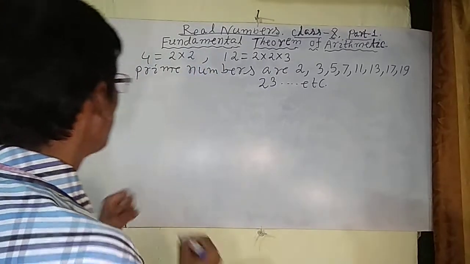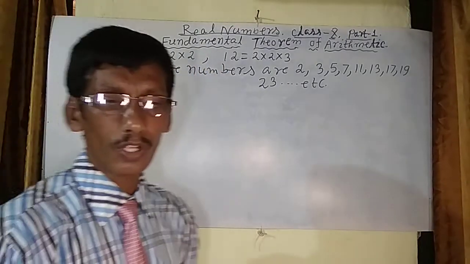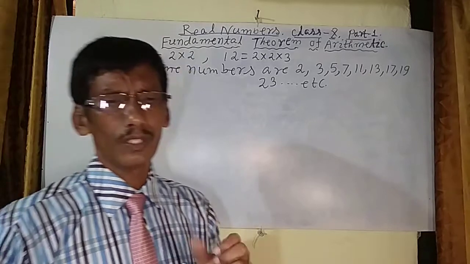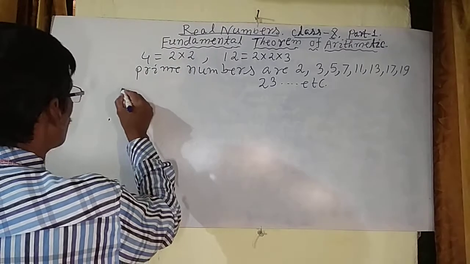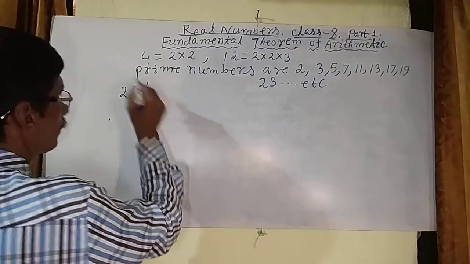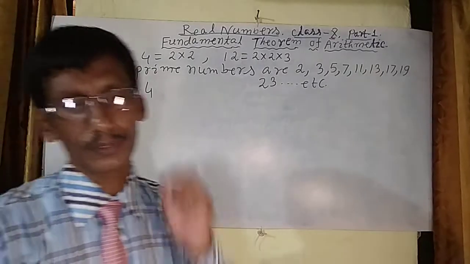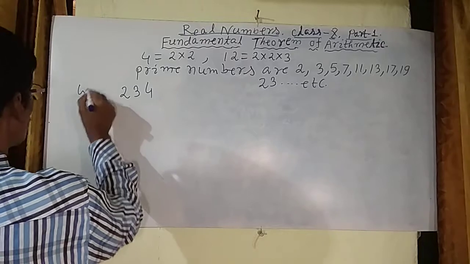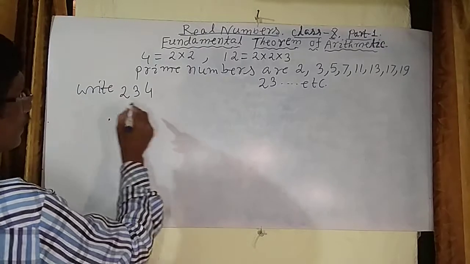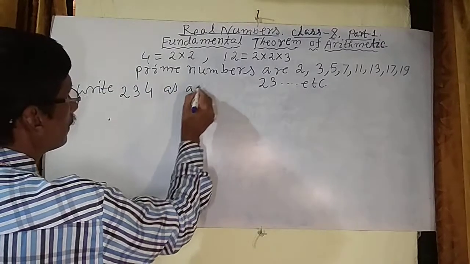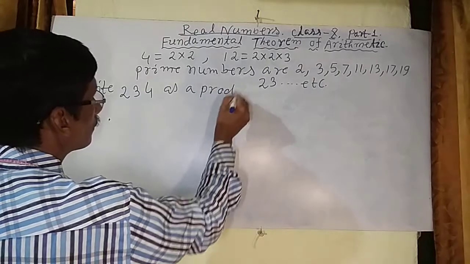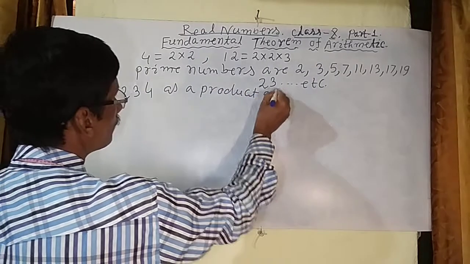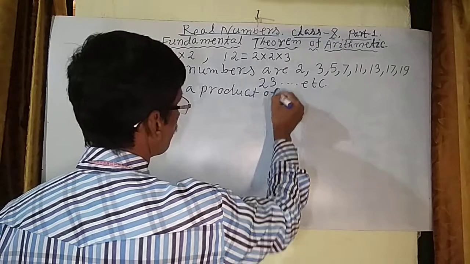Write 234 as a product of prime numbers.